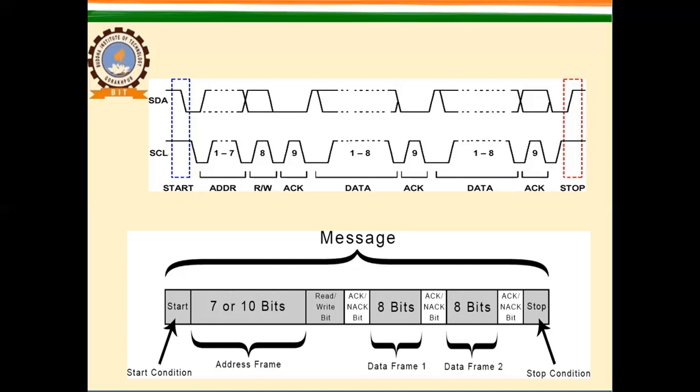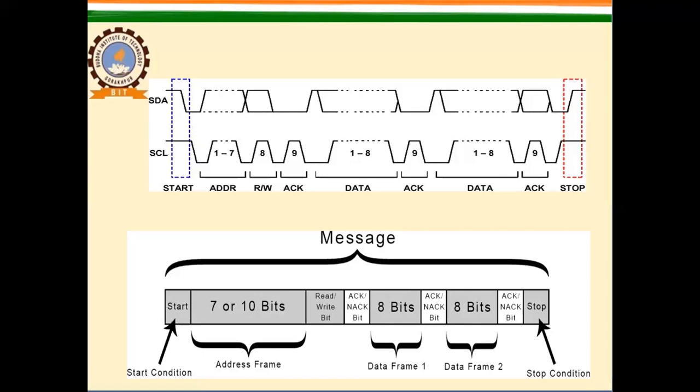So this is the format which is used in I2C. It consists of a start bit, an address frame of 7 to 10 bits, a read/write bit, an acknowledgement bit, and then the 8 bits of the data frame, which means the data frame is 1 byte.